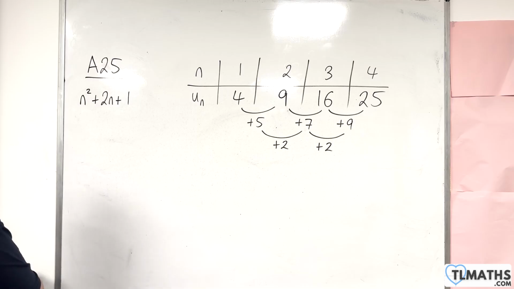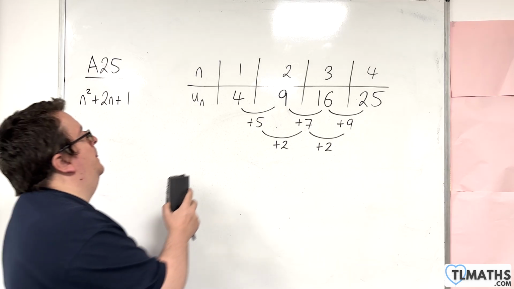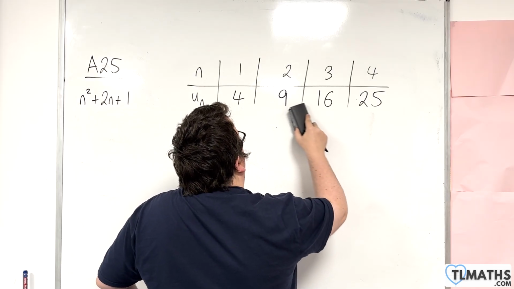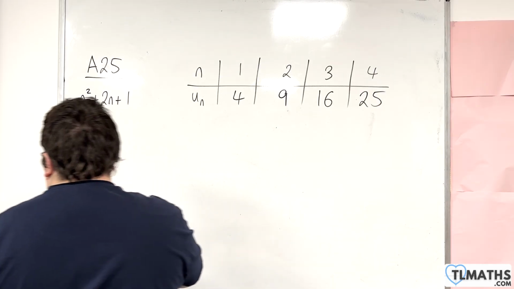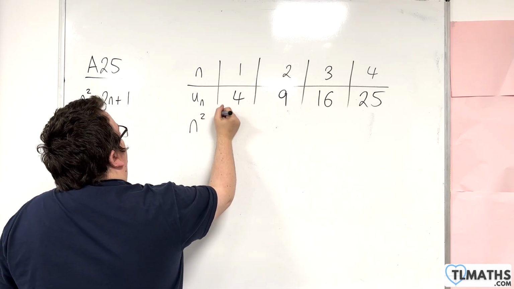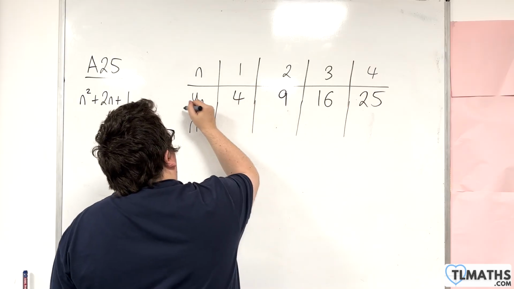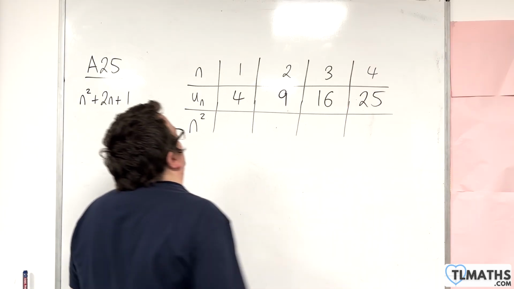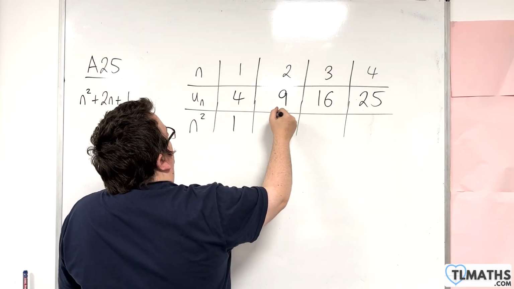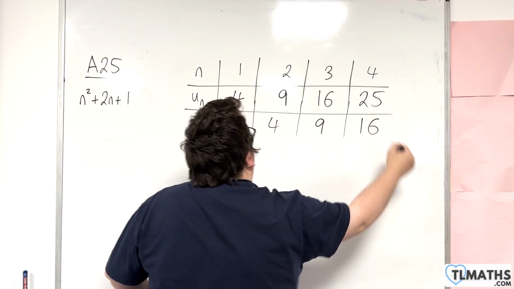So because we now know that it is a positive n squared, what I'm going to do is I'm going to erase that, and I'm going to put n squared into my table. Now n squared would give me 1 squared, 2 squared, 3 squared, and 4 squared.